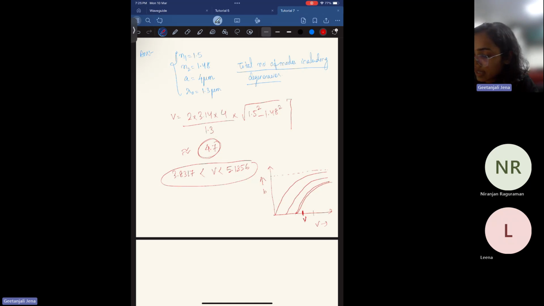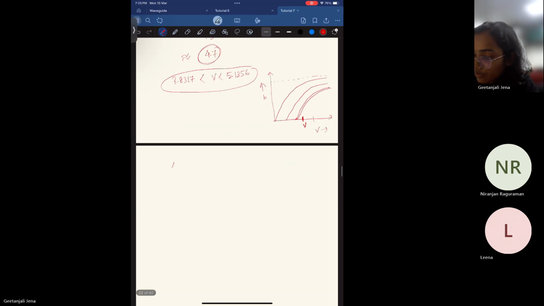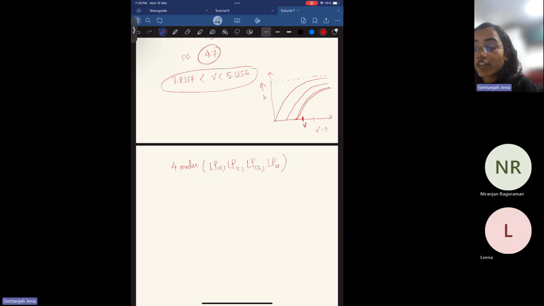4 without degeneracy, correct? So we have 4 modes, which are LP01, LP11, LP02, LP21. If we recall, whenever L equals 0, there is no phi degeneracy, because the mode is azimuthally symmetric. When L is 0, it is symmetric in the phi direction.